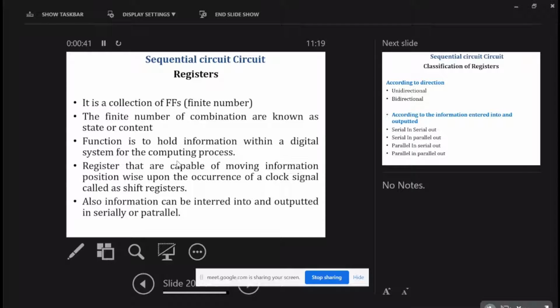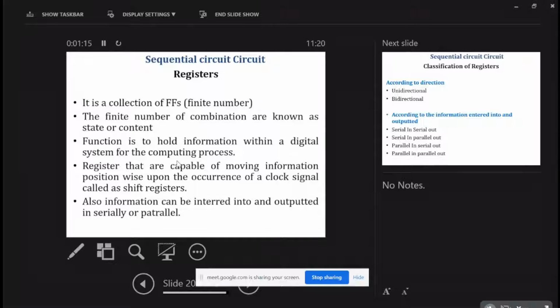It can hold 2 to the power n patterns, because if n bits are involved in the computation process in a digital circuit, the number of patterns it can generate is 2 to the power n. So it can hold 2 to the power n different states, whatever the different combinations are. Okay.